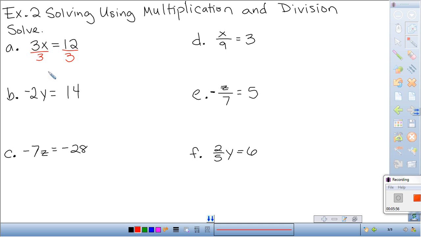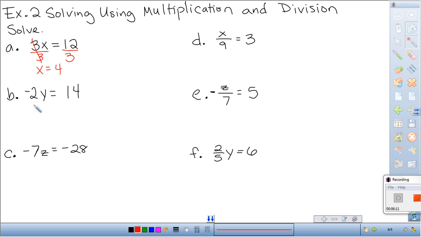And what happens when you divide by 3? Well, 3 divided by 3 is 1, and 1 times x is just x, using the identity property of multiplication. Bring down your equal sign. 12 divided by 3 is 4. Also notice that we used the division property of equality here. We divided both sides by the exact same thing.